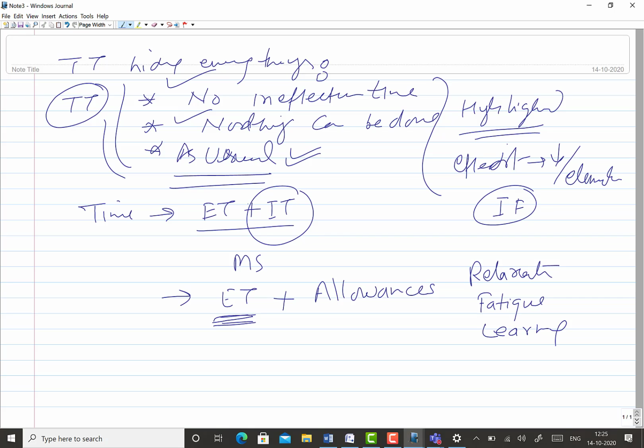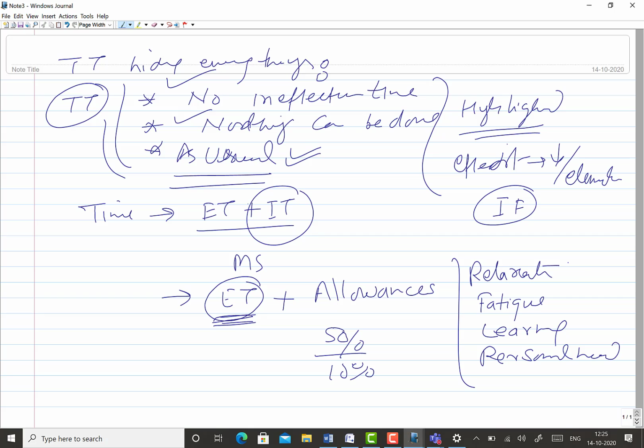And there can be many other allowances. There is one which is very common, a personal need allowance. So the different allowances are obtained as whatever is the time identified through the study plus a percentage of that time, maybe 5%, 10%.